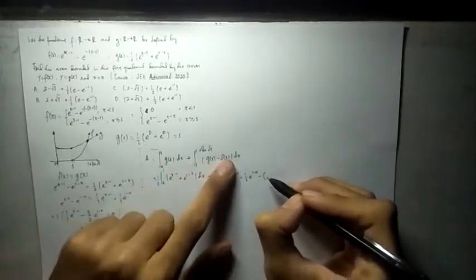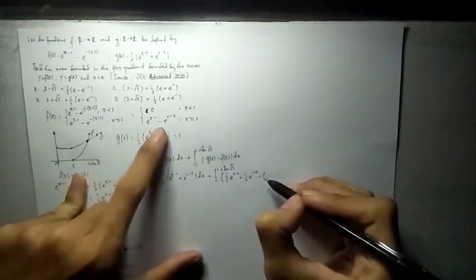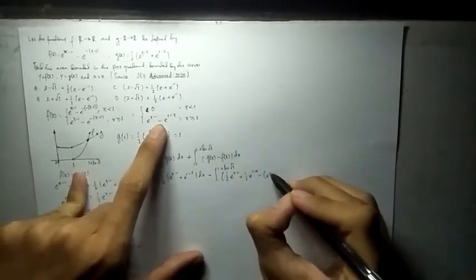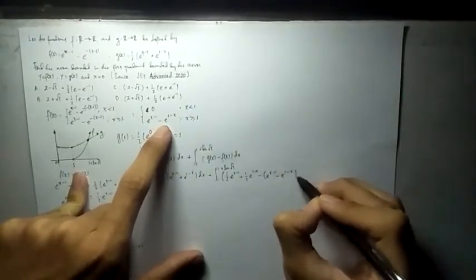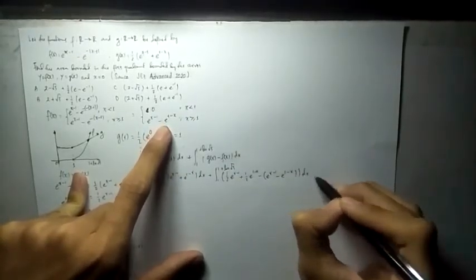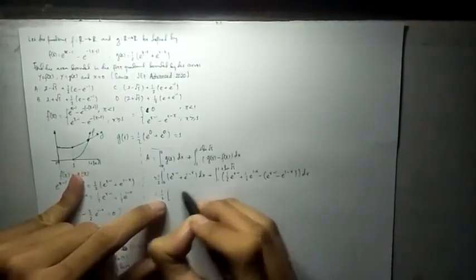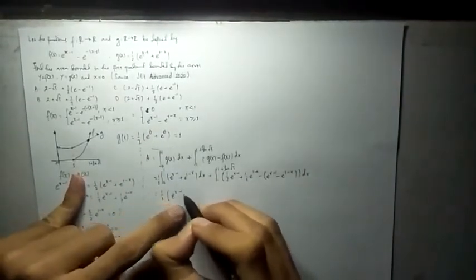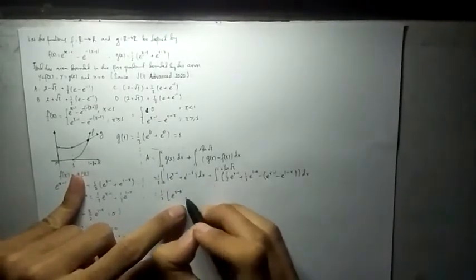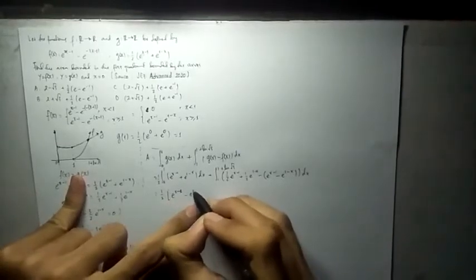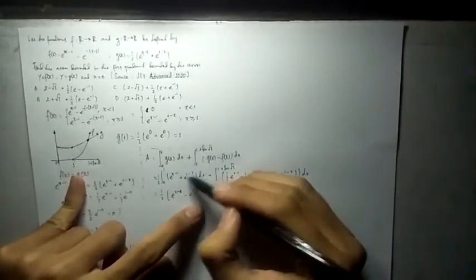Now the f(x) right here is greater than or equal to 1, so it must be e to the x minus 1 minus e to the 1 minus x. Now this equals e to the x minus 1. Now this one is negative, e to the minus x. You can just use substitution.